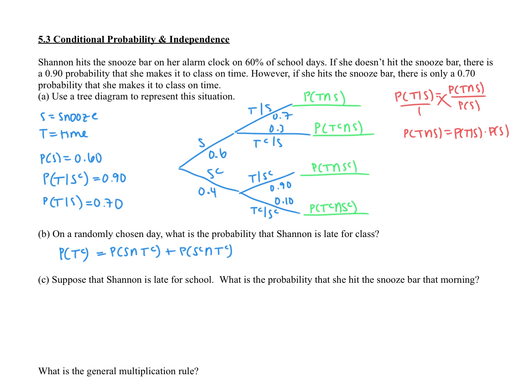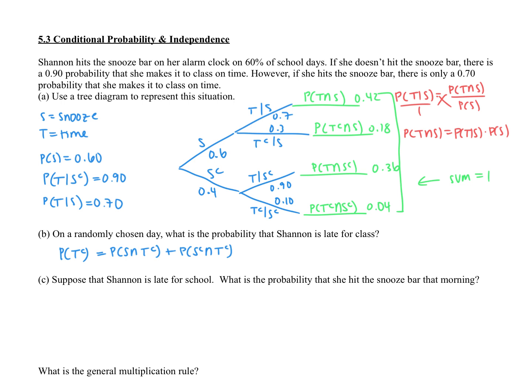So my 0.6 and 0.7, so that top probability is going to be 0.42. Then I do 0.6 and 0.3, and I get 0.18. 0.4 and 0.9 gives me 0.36. And 0.4 and 0.1 gives me 0.04. So all of those green probabilities are going to sum to 1.